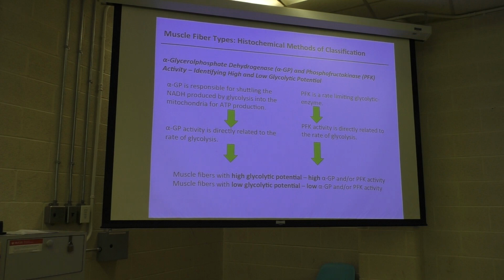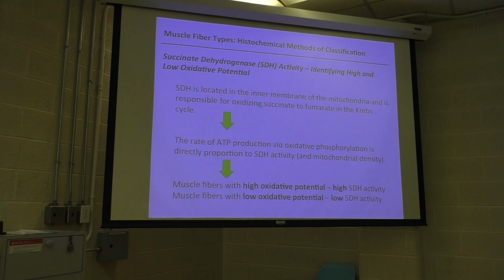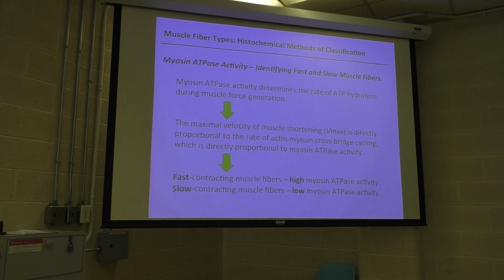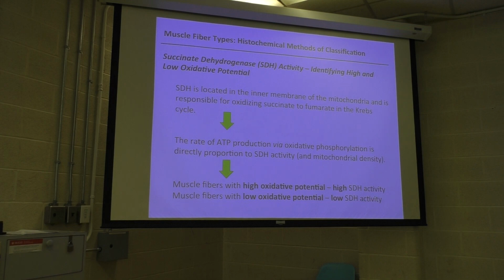Okay, so that's your muscle. What happens if things were only type 1 or type 2, and we're looking for something like SDH activity? So type 1, type 2.